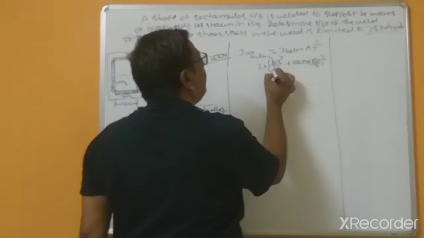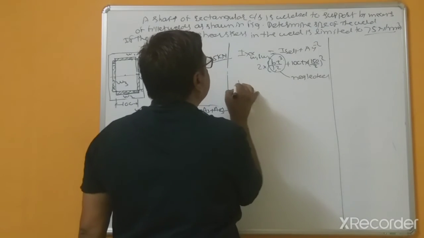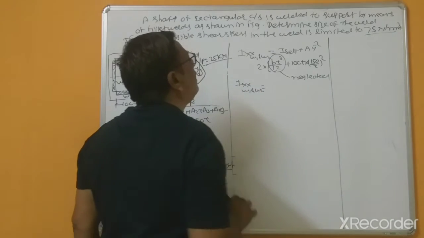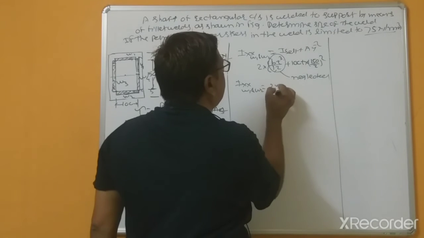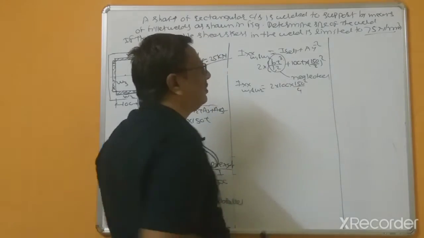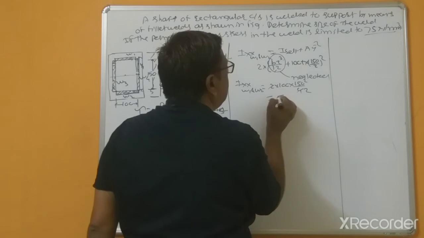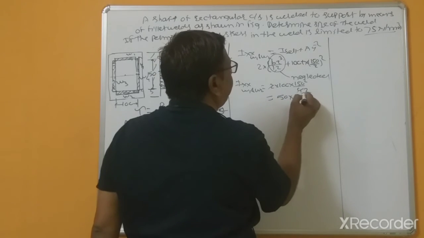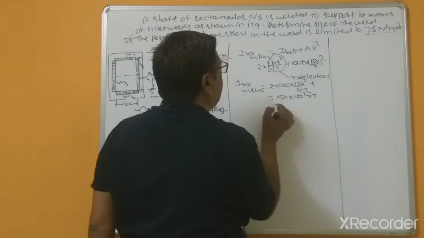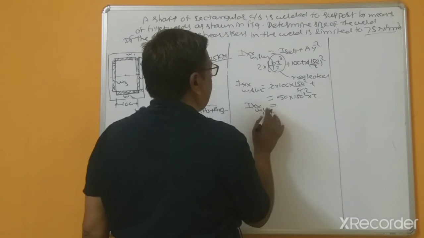Now this term is neglected. So the moment of inertia about first and second weld becomes 2 into 100 into 150 squared divided by 4, because of 2 squared, and the 2 will get cancelled. What is remaining is 50 into 150 squared multiplied by T. This is the moment of inertia for the first and second weld.